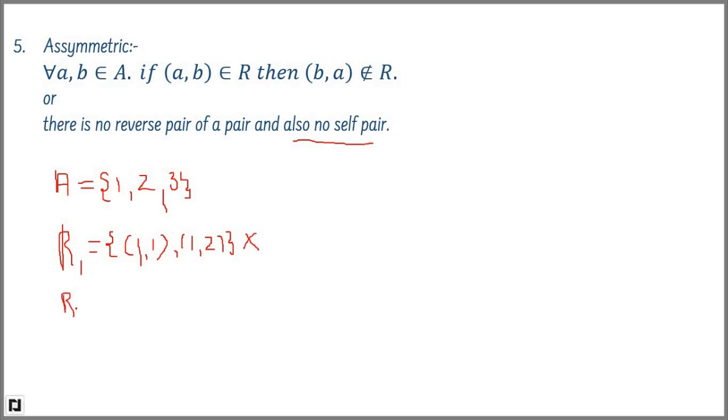If we have a relation R2 which contains the pair (1,2), then it is asymmetric because it does not contain a reverse pair.